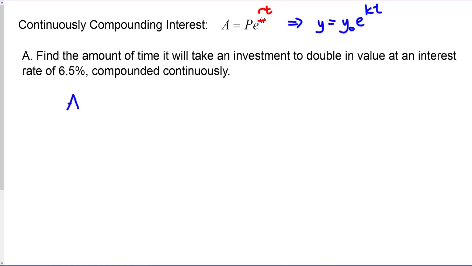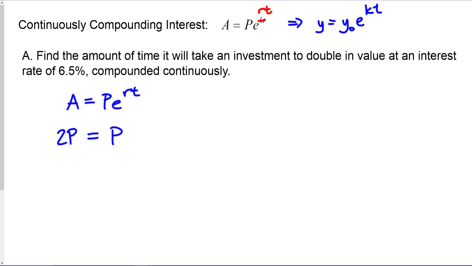So our model is A equals P e to the rt. R is our interest rate, which is the exact same thing as the growth constant. P is the principal, which is the initial amount present. And A is the ending amount, which is the same thing we've been using as Y. We don't know exactly what the starting amount is, but we want it to double.